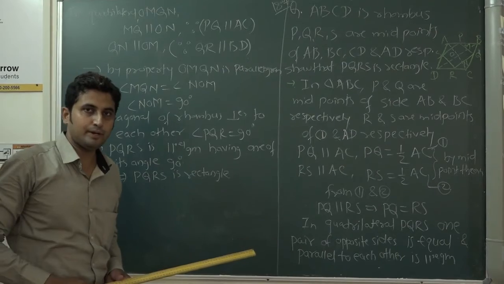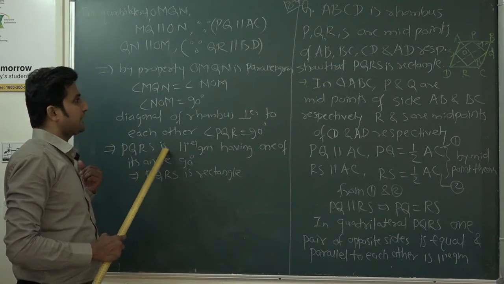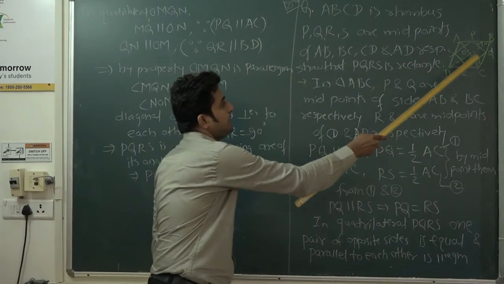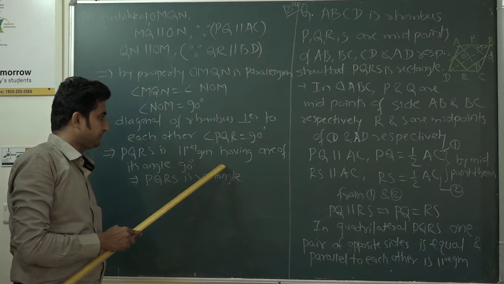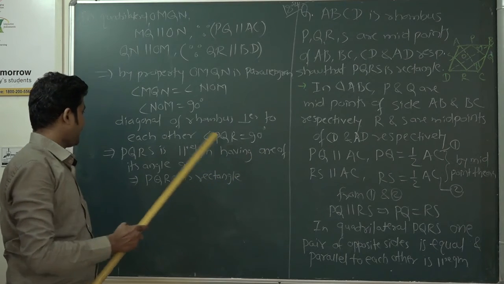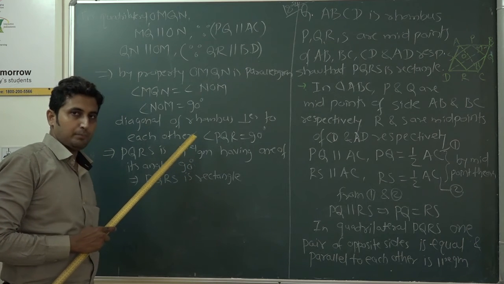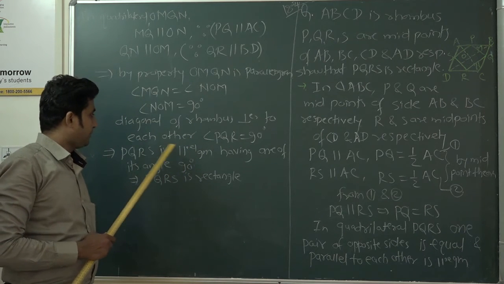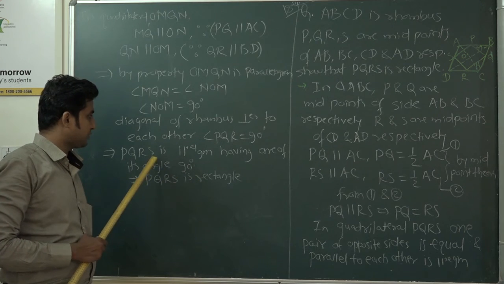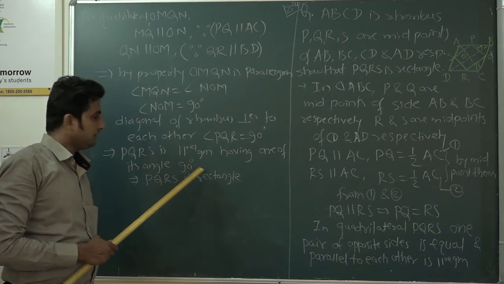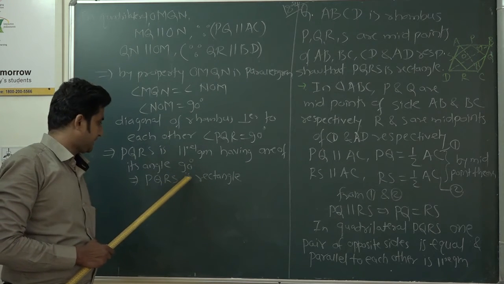Hence, by the property of parallelogram, PQRS is a parallelogram having one of its angles 90 degrees, with opposite sides equal and parallel.